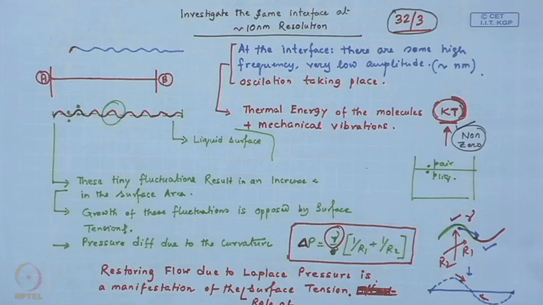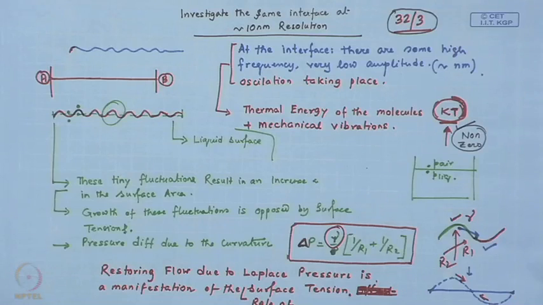Now, the next thing we understood is what happens to these fluctuations. There can be two things happening: these fluctuations can eventually die down, or these fluctuations can grow. Here, because of surface tension, the growth of these fluctuations is opposed, because these fluctuations, whatever small be the amount, result in an increase in the total area of the liquid interface, which results in an increase of the total surface energy, and therefore surface tension opposes the growth of these fluctuations.